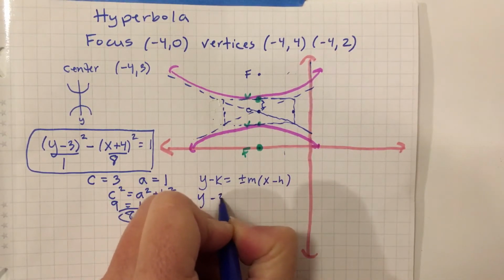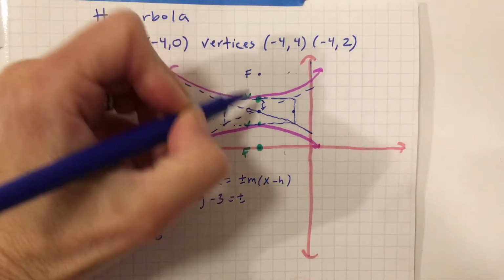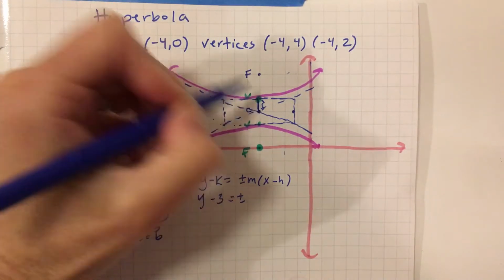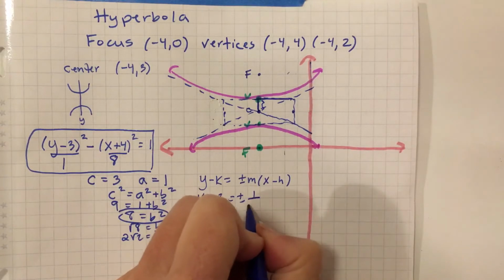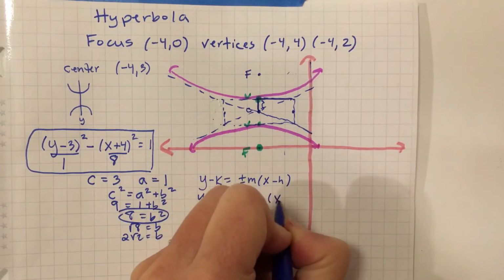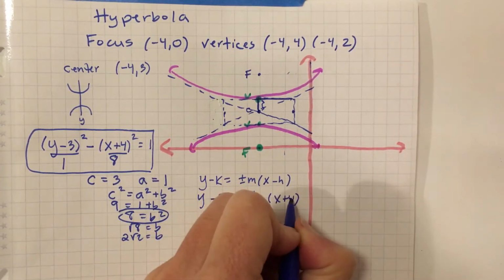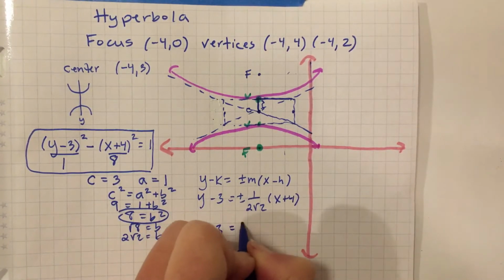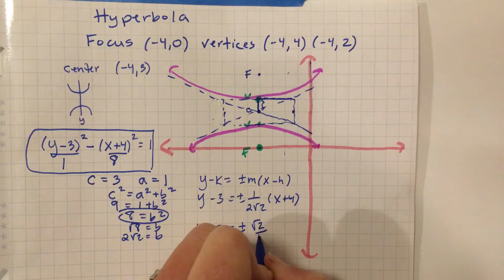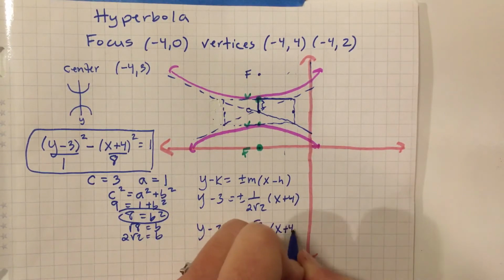So we have y minus 3, and then the slope is rise, which is 1, over run, which is root 8 or 2 root 2. So 1 over 2 root 2, x plus 4. I do want you to rationalize this. If you multiply by root 2 top and bottom, you get root 2 over 4, x plus 4.